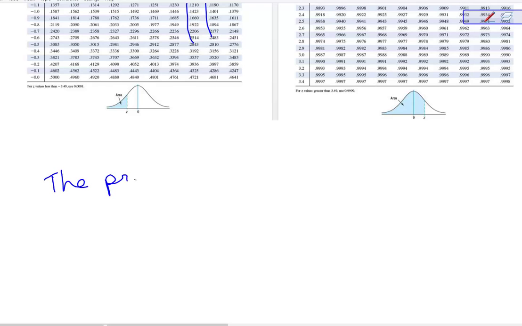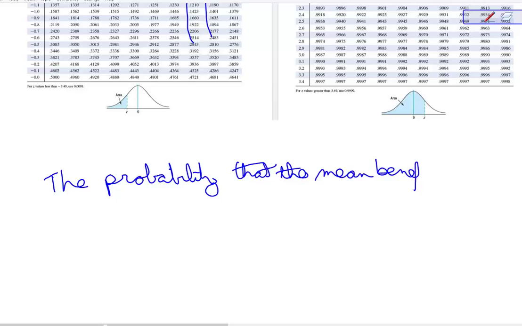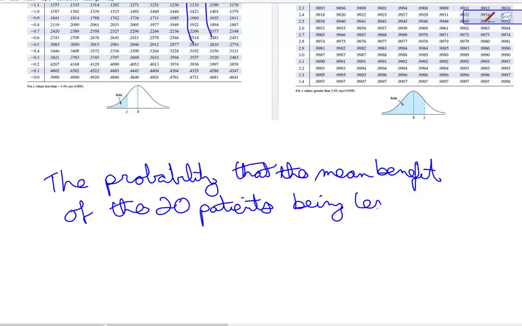So the probability that the mean benefit of the 20 patients being less than $3,800 is 0.0051.